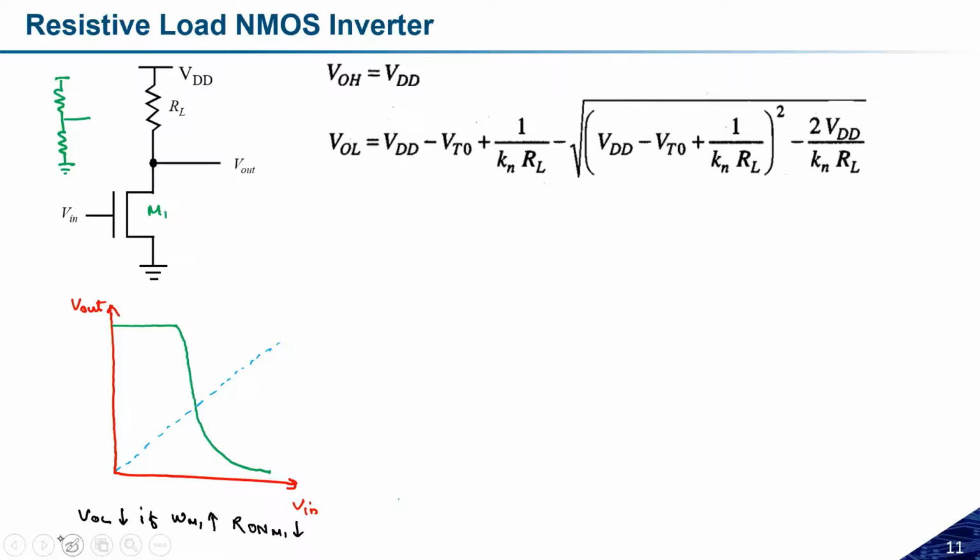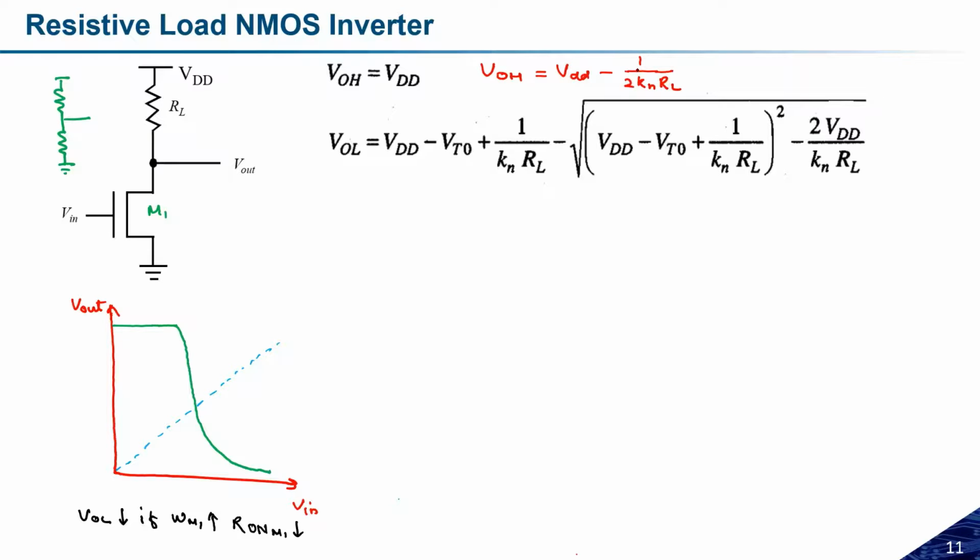But what happens if you change the sizing of RL, so that RL starts dominating? Then the VOH also changes, with some factor, and that becomes VDD minus 1 upon 2 times Kn into RL.